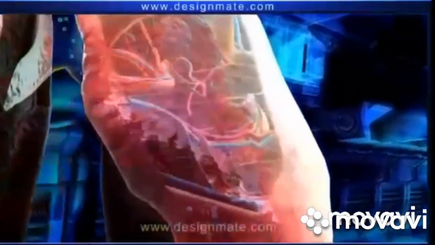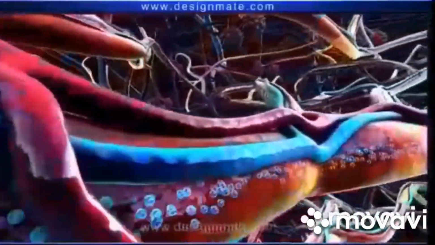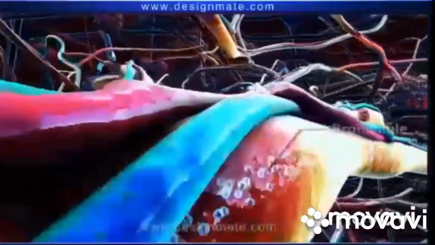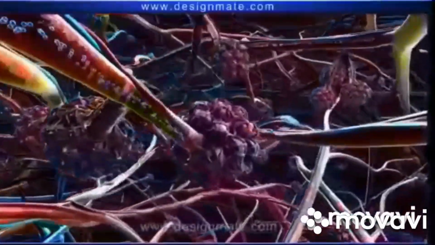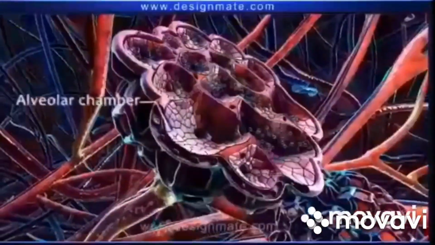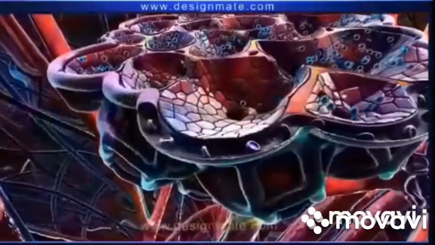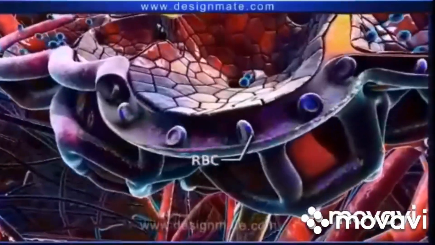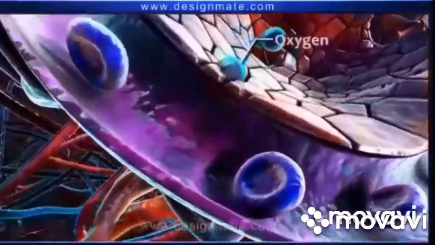Now, what happens in the lungs? Along with the oxygen molecules, the deoxygenated blood flows into the bronchioles to the alveoli. Carefully observe these alveoli. Let us clearly dissolve into a section of our alveolar chamber. In this alveolar chamber, you can find small pores.